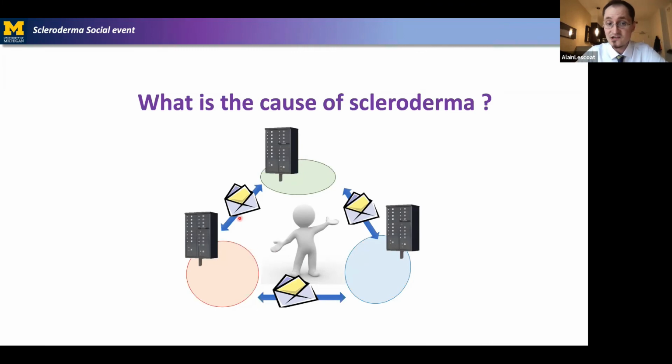In a patient who has, for example, an excess of inflammatory messages, the cause of the disease may not be the same as in a patient who has, for example, more important vascular manifestations. This is probably the reason why it is hard to find a single cause, because this is a very heterogeneous disease, and depending on the clinical presentation, maybe the cause is different.